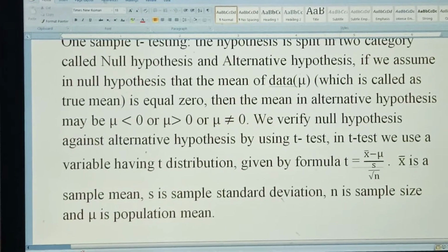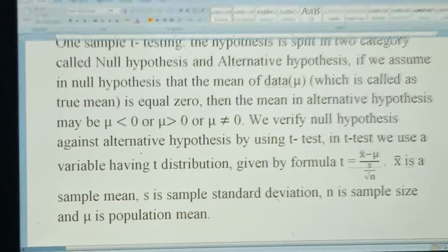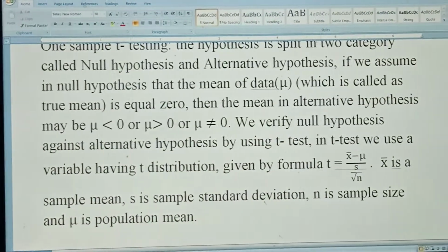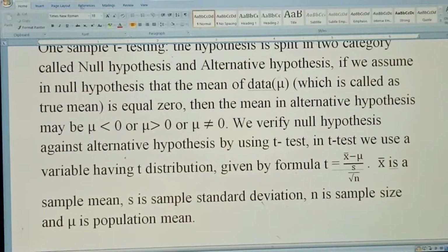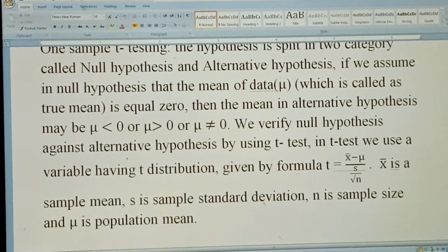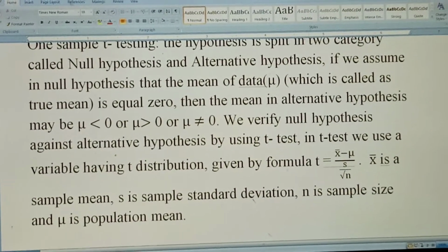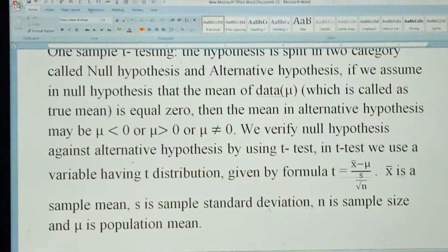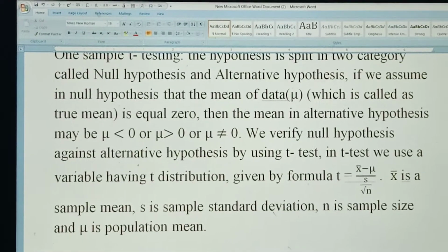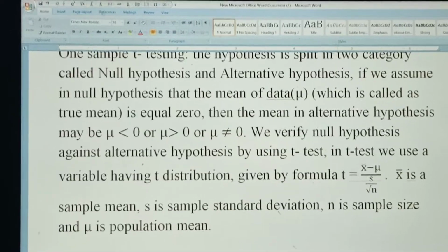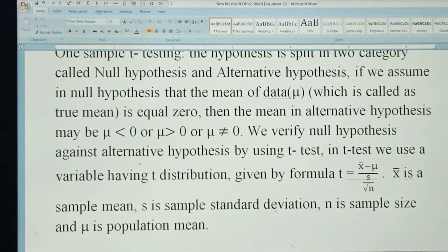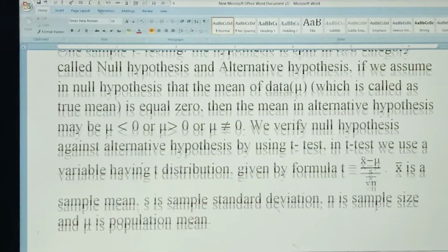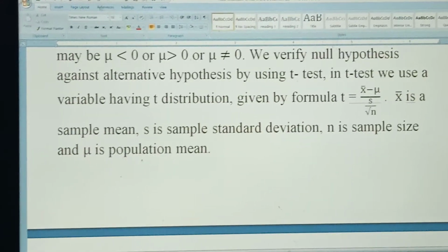In the t-test we use a variable having a t-distribution, given by the formula t equals x bar minus mu divided by s by root n, where x bar stands for the sample mean, s is the sample standard deviation, n is the sample size, and mu is the population mean.